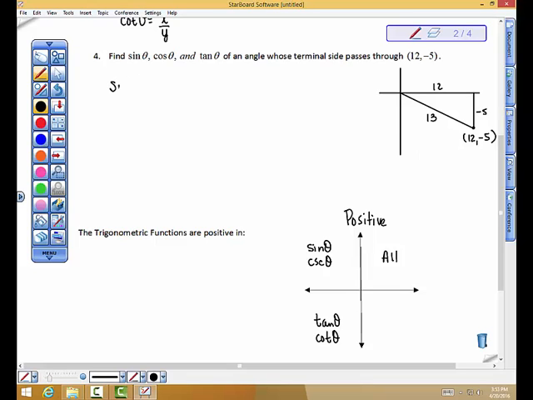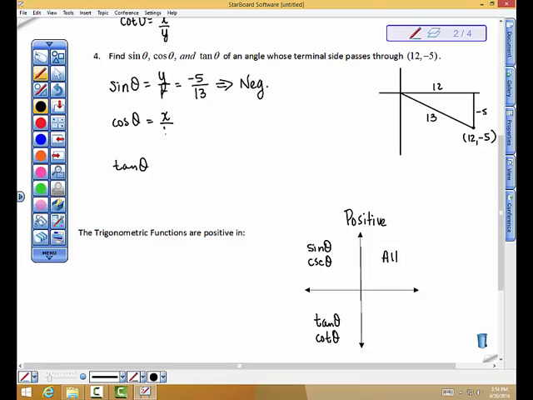So I go here and I look at the sine, the cosine, and the tangent again. And in terms of y divided by r for sine, well, my y value in the fourth quadrant is a negative number. And in this case, it's -5. And my hypotenuse is 13. Mostly, I want you to notice that the value for sine of an angle in the fourth quadrant is a negative number.